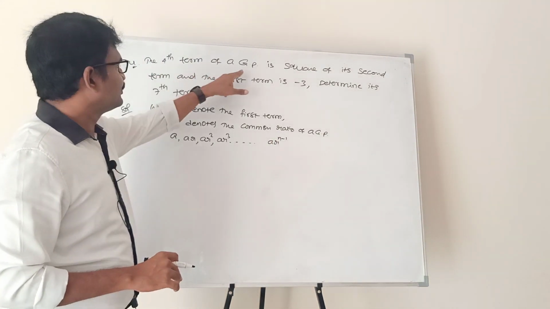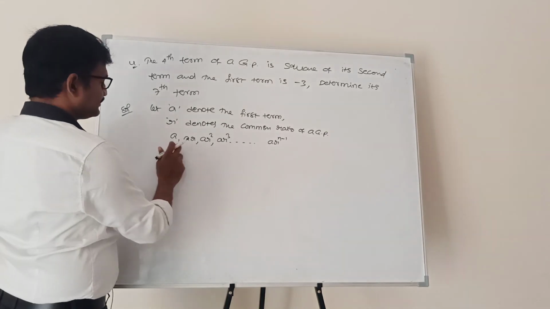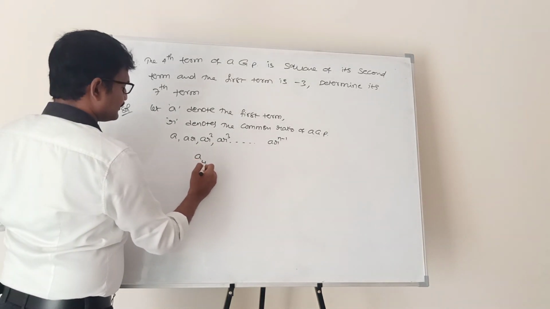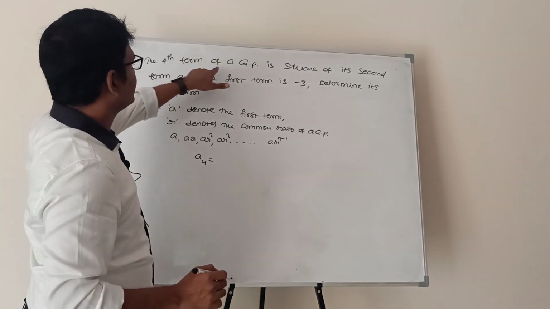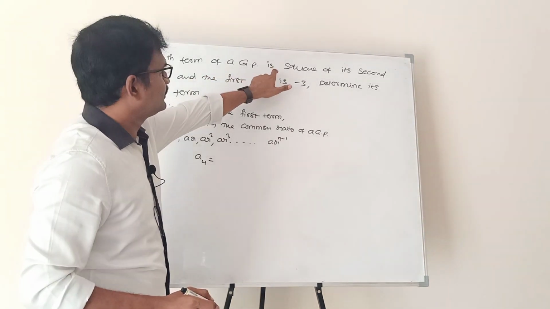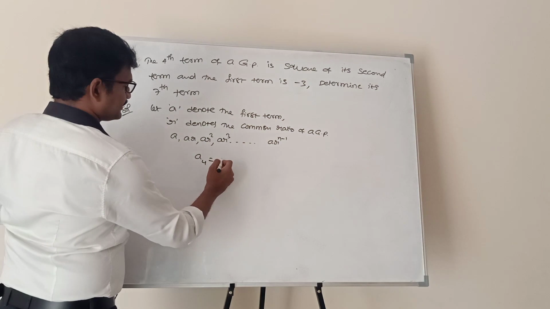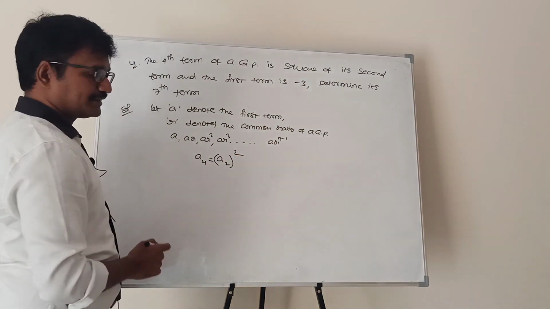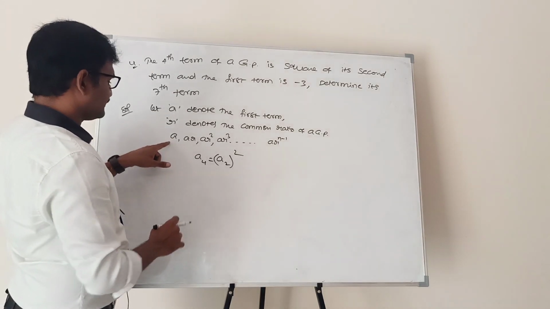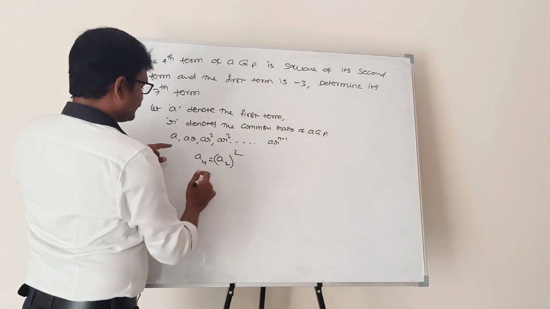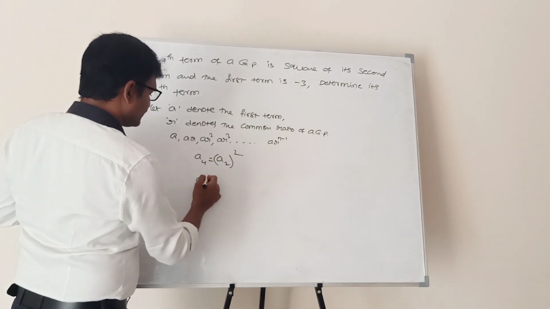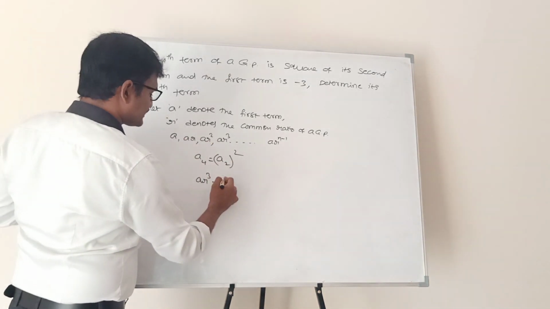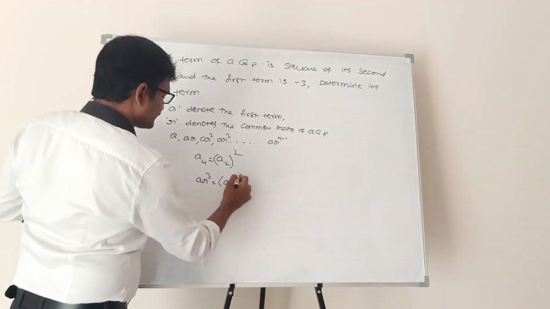In this, the fourth term of a GP: 1, 2, 3, 4. a4 is equal to the square of its second term. Second term is a2 whole square. What is the fourth term? A into r cube is equal to a2 square. a2 means ar whole square.